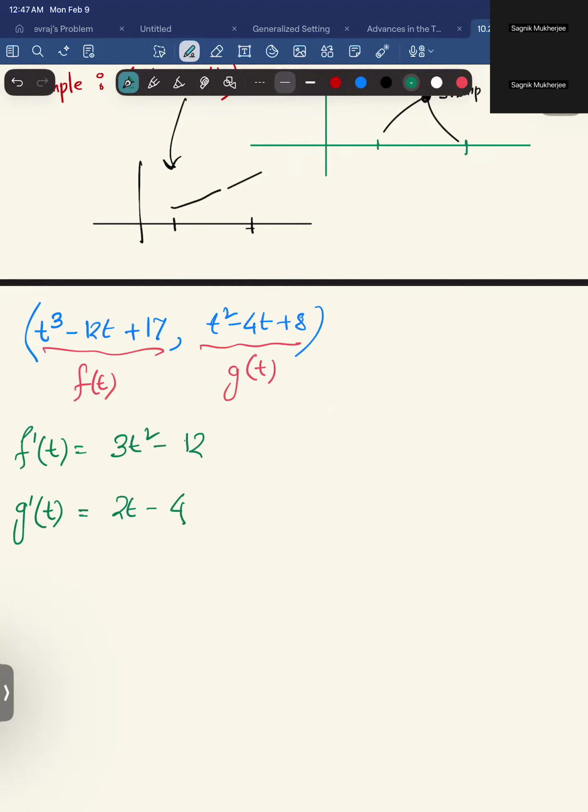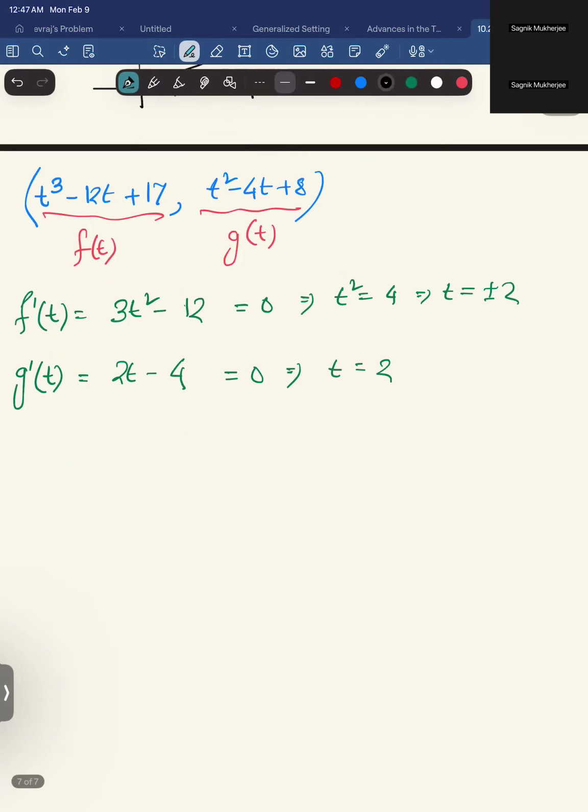But at what points are these two 0? You have to solve for that as well. So that means t squared is 4. That means t is plus or minus 2. And this means t is 2. So at t equals 2, both f prime and g prime are 0.